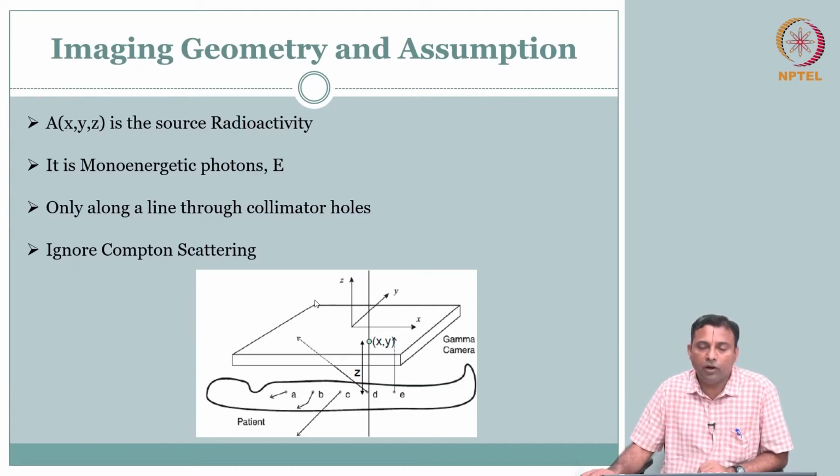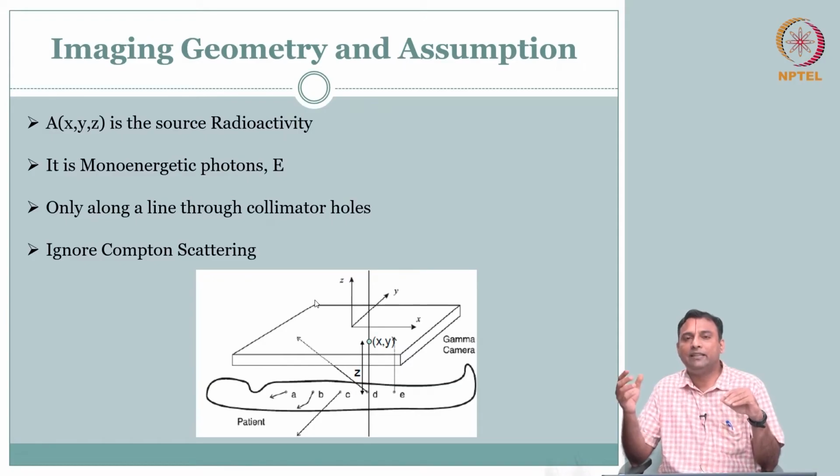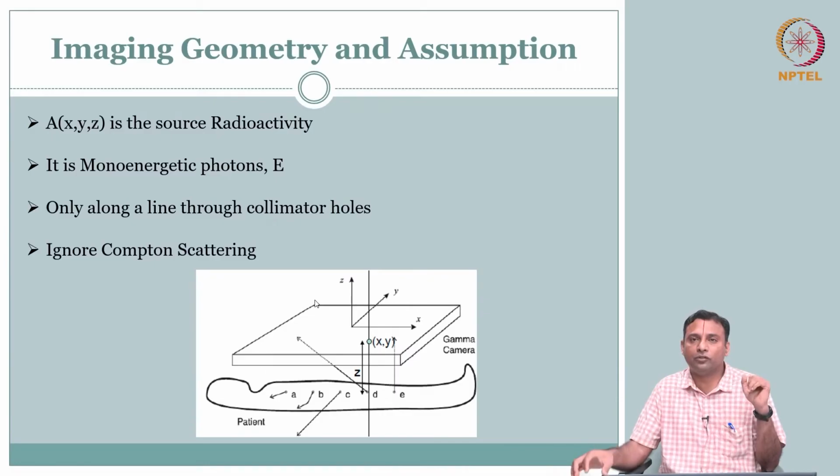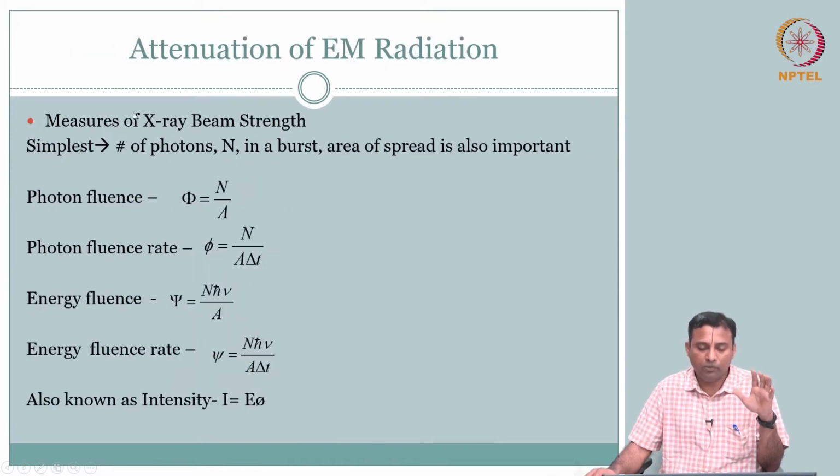You could think about how we came up with the first equation for projection radiography, and then we simplified that for CT, used a monoenergetic equivalent, and so on and so forth. So here it is very similar. Radioactivity comes out only through the line that hits the detector. So we will first start with what we know.